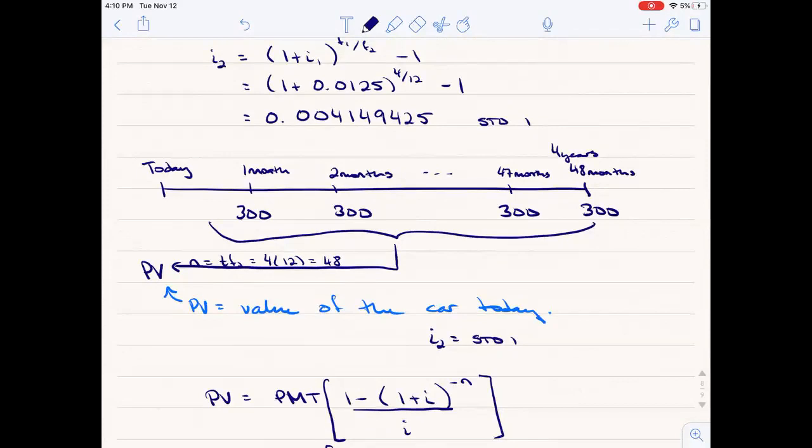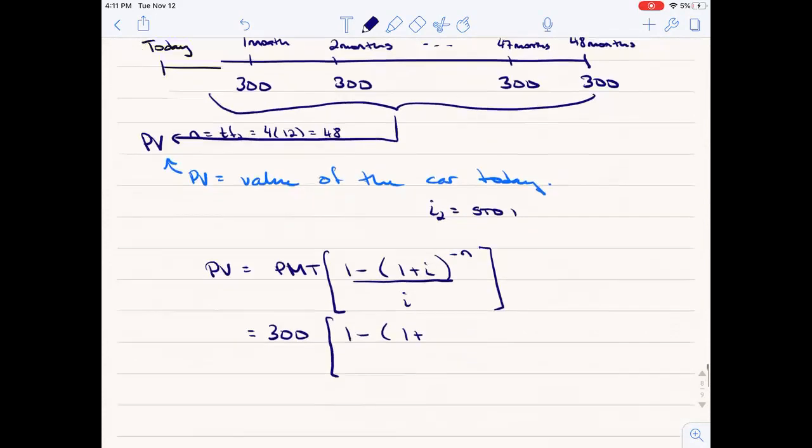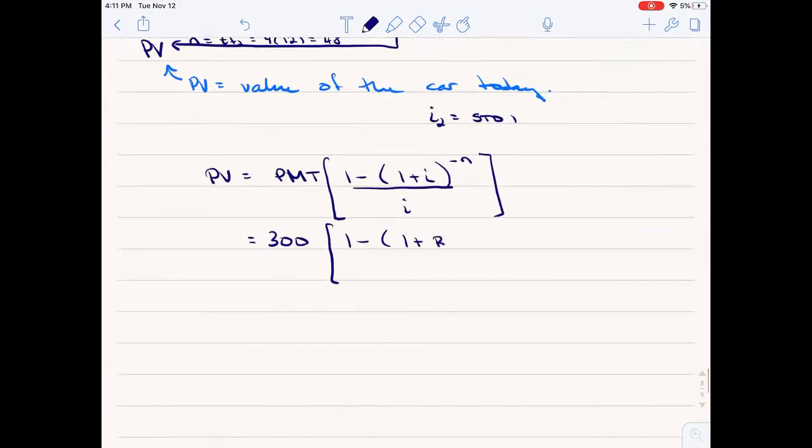I'm just going to write recall 1. Because I've said I'm storing it in 1, so as long as you've told me where you've stored stuff, you can just use recall whatever. Yeah, I'll start cheating right away. Recall 1 to the negative 48. And then that's all over recall 1.